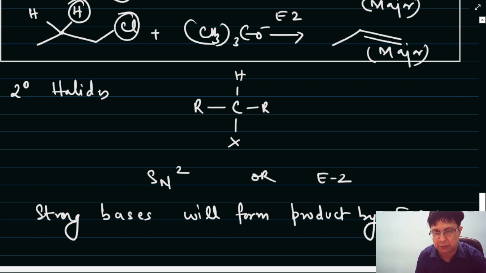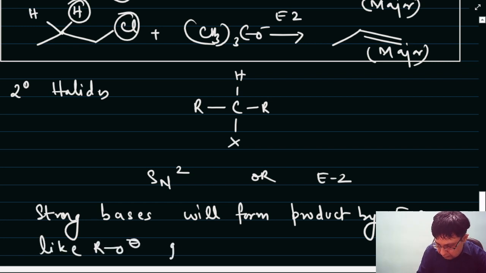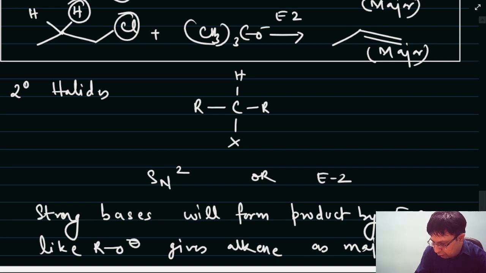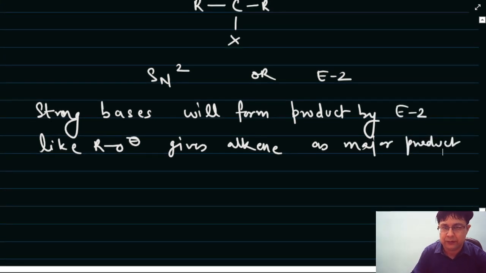They will form the product by E2 mechanism in this case, like alkoxide ion RO minus gives alkene as the major product in this case. Fine. So that becomes a kind of dehydrohalogenation reaction over here.